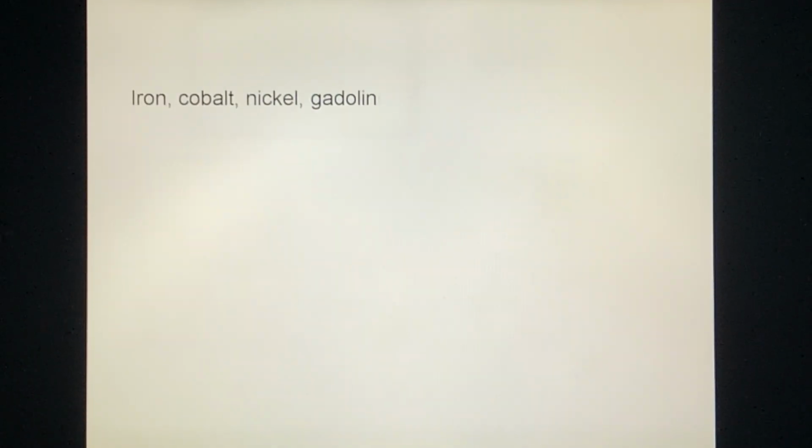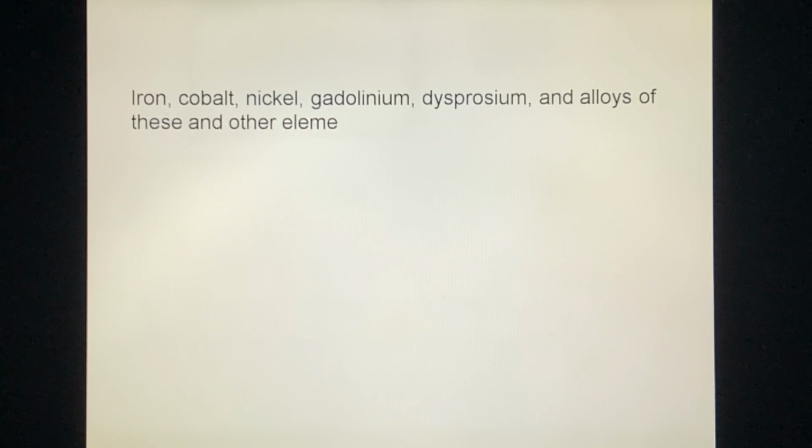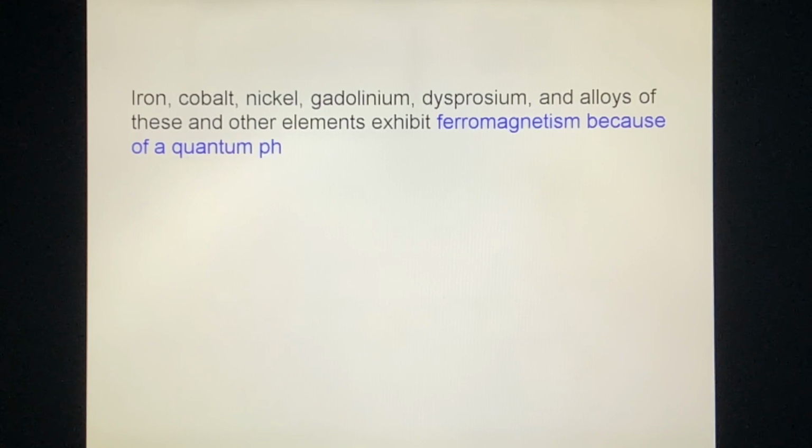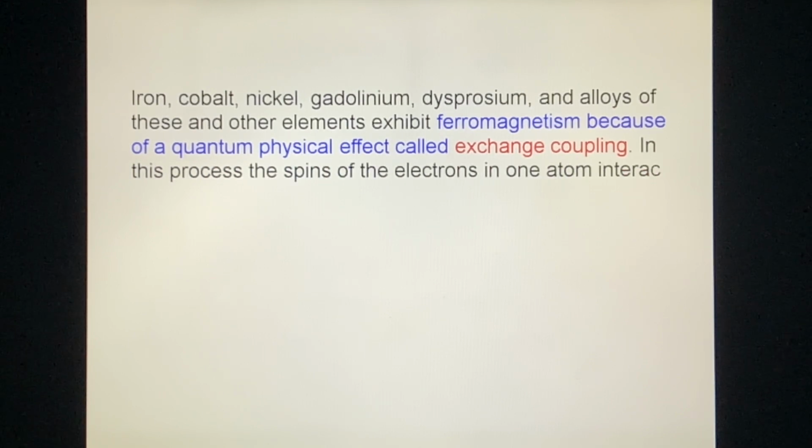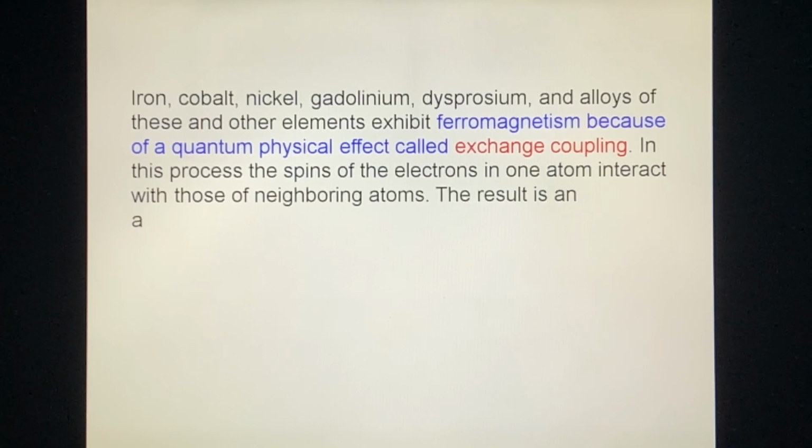Iron, cobalt, nickel, gadolinium, dysprosium, and alloys of these and other elements exhibit ferromagnetism because of a quantum physical effect called exchange coupling. In this process, the spin of the electrons in one atom interacts with those of neighboring atoms.